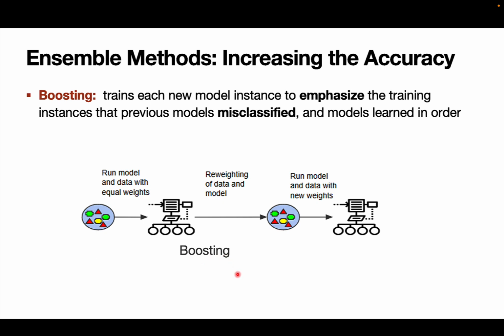In the next iteration, we adjust the weights or probabilities of the data points, giving more importance to the hard-to-predict examples. Then we train a second model on the new weighted data in order to correct the mistakes from the first model. This process repeats for multiple iterations.